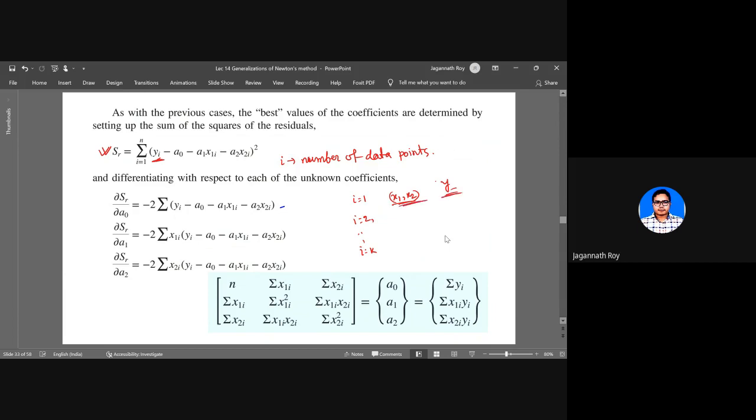So in order to approximate, we have to make this zero. After making it zero and simplifying, we'll get this system of linear equations.